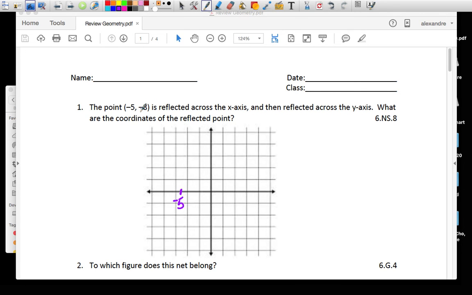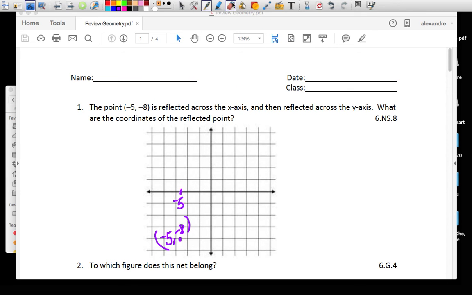And we want to go negative 8, which means go 8 down. So we're going by 2: 0, negative 2, negative 4, negative 6, negative 8. So (-5, -8) would be this point right here.